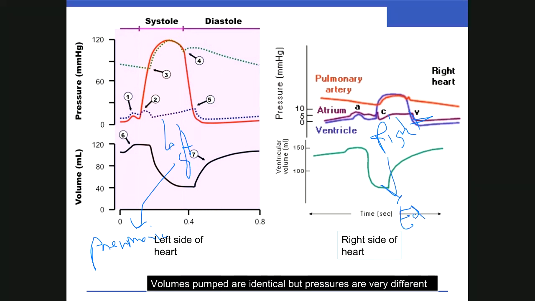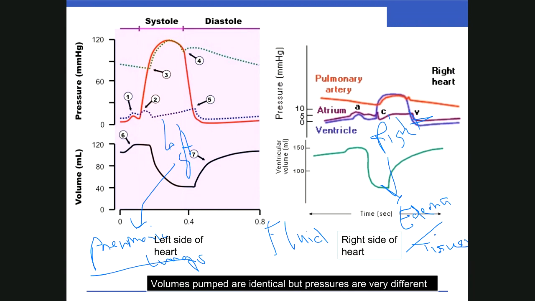Your arms and legs and feet swell up like crazy. So in other words, there's fluid backing up behind the pump. It's either backing up in the lungs or it's backing up in your peripheral tissues.